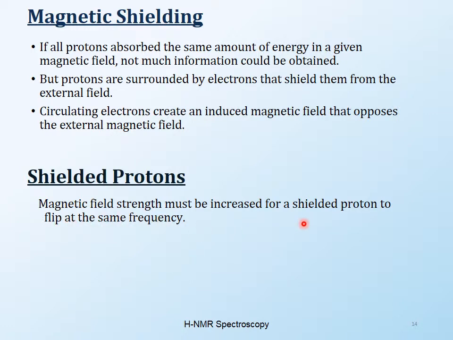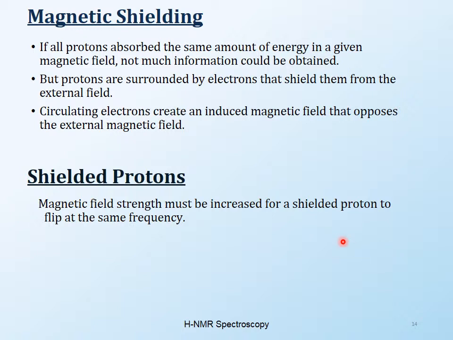Okay, so for a shielded proton, meaning if the proton is over here, if it's shielded, then you need to have more of the magnetic strength. And if you remember, the magnetic strength also goes towards the right. Okay, so you'll have more magnetic strength, and the frequency is the same frequency because this frequency is 300 megahertz or 600 megahertz, all right? But the magnetic strength will be increased in that case for a shielded proton to flip. So that's kind of how magnetic shielding works.